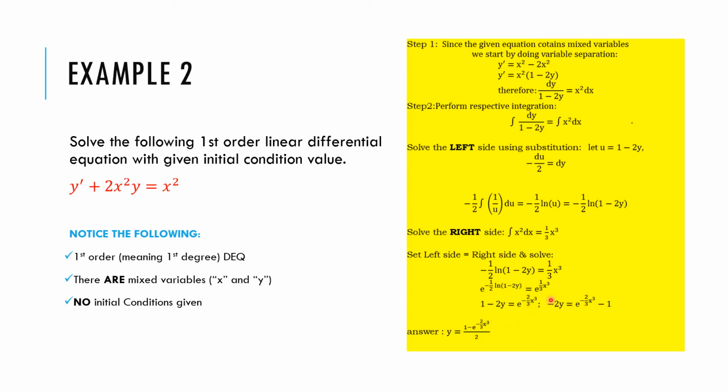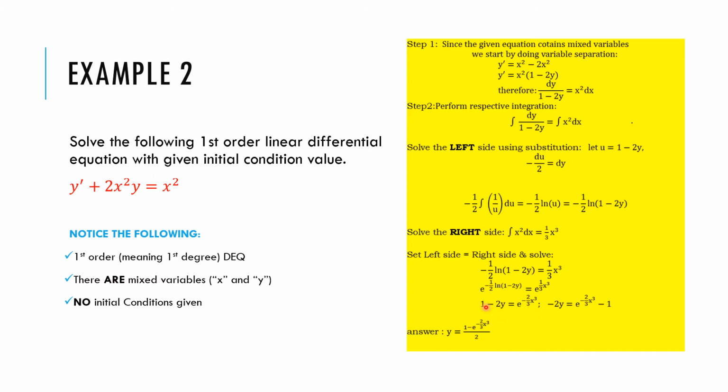That's because on this side, you only had e raised to 1/3 times x cubed, but when I multiplied that 1/2 that came down, it became e raised to negative 2 over 3 x cubed.